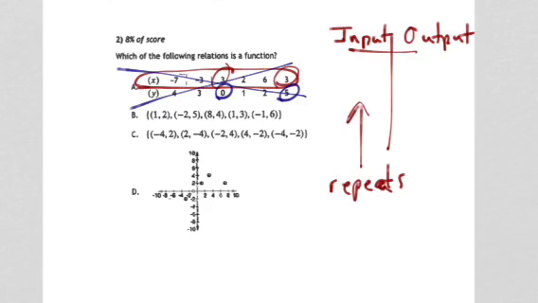All right. Now let's look at B. That one's listed as ordered pairs, but it's still the same basic concept. Instead of listing them as ordered pairs, we could list them across, like that first one, 1, 2, and the next one, -2, 5. So we could list them in that same kind of column. And again, what we're looking for are repeats in the X column. So let's look at where those X's are.